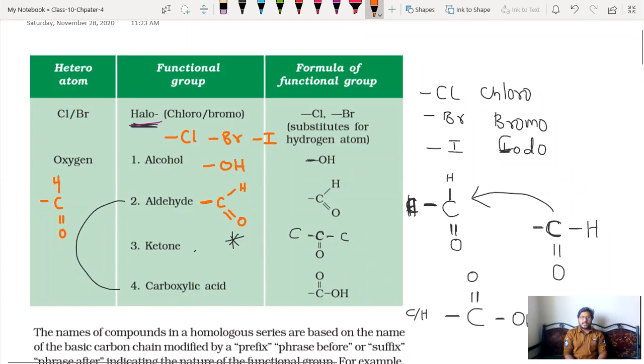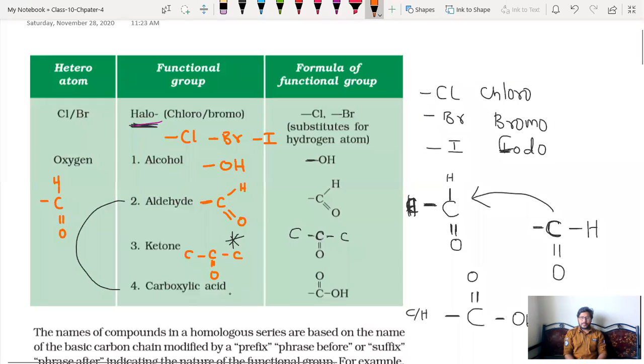Fine. Next, ketone, carbon, bond on either side. Definitely there will be carbon only here, and for the middle carbon, double bond O. If you represent that, it is ketone functional group. I'll explain each and every compound, no problem. Just try to know it.